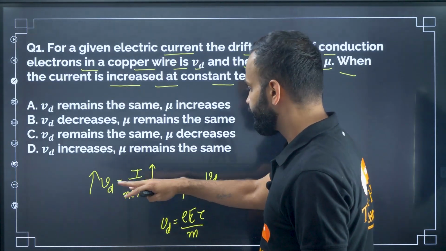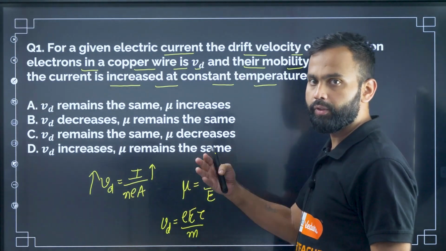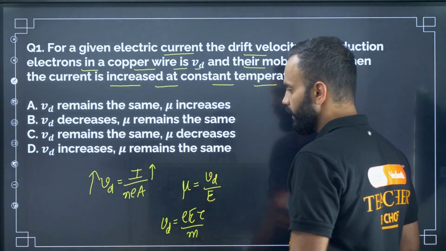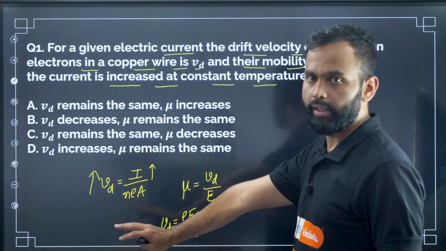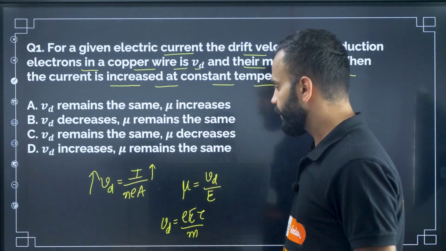Increasing current means more electrons flowing through the cross sectional area, that is, the rate of flow of charge increases. If the rate of flow of charge increases, drift velocity will also increase, if current increases at a constant temperature.